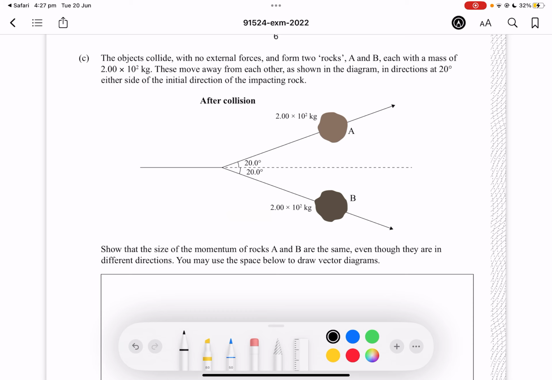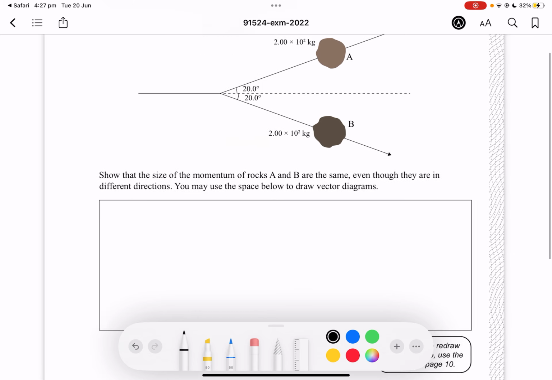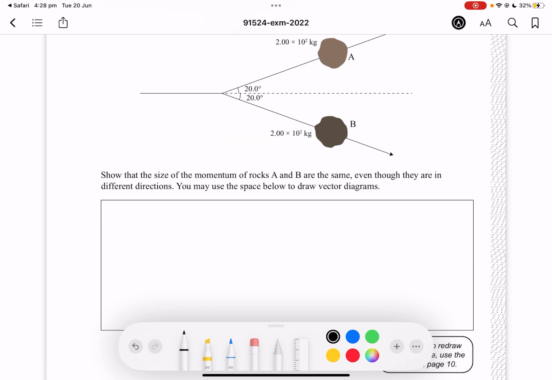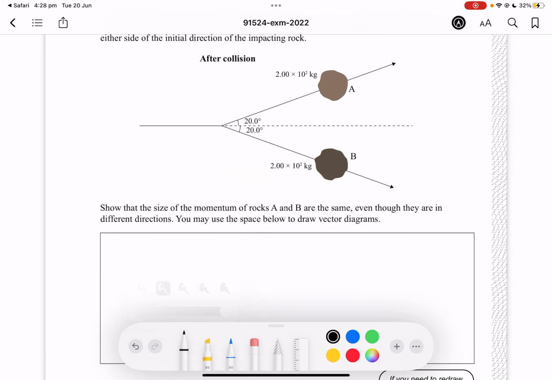So we can show that the size of the momentum of A and B are the same, even though they are in different directions. To justify that, we know about this vertical component here, we'll just call it some V vertical component. This vertical component must be the same in magnitude because the original initial momentum is horizontal, so there's no vertical component initially.